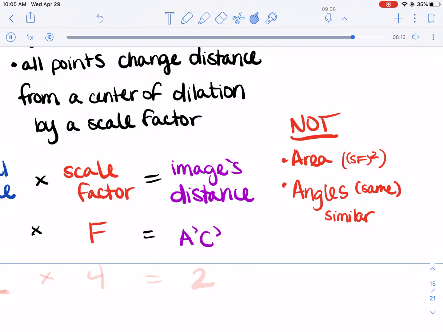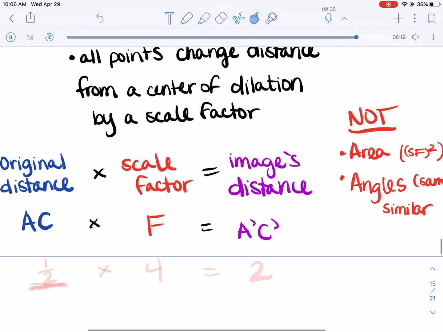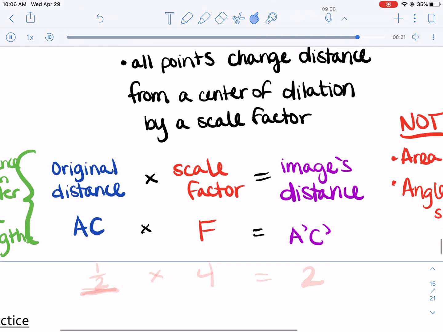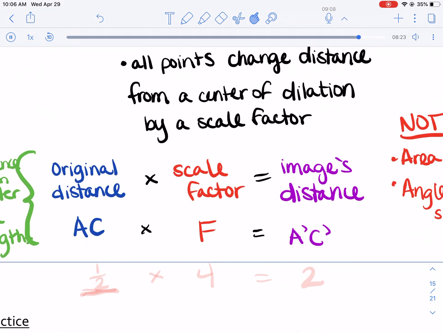So you can use those things, like if you were just given the side lengths and the scale factor, you could figure out the original, or you could figure out the image. So let's say you're given that the image's side length, let's say A'C', is 2.